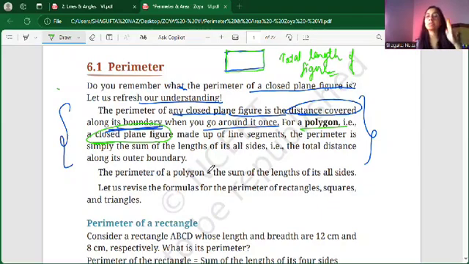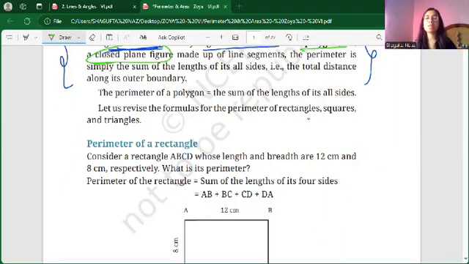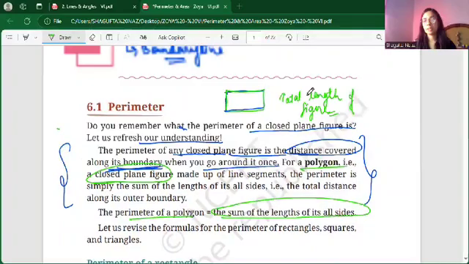Perimeter deals with any closed figure, any closed polygon. It doesn't deal with any open figure. This is point number one we have to keep in our mind. The perimeter of a polygon is the sum of the lengths of all its sides. Whatever polygon we have, we take the sum of the lengths of all the sides of that polygon. Is that clear?